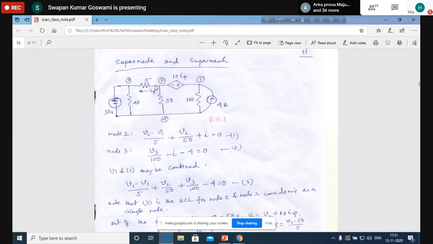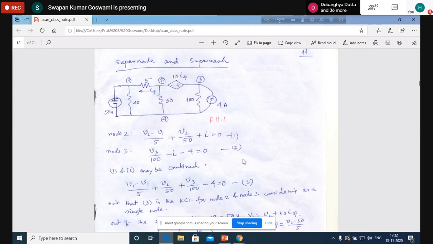Now we have assumed that through this dependent voltage source the current is I ampere from node 2 to node 3, so I ampere is entering node 3. That's why it is minus I. And the 4 ampere source is delivering 4 ampere into node 3, so the entering current is considered negative, equal to 0. So the equation for node 2 is written, and the equation for node 3 is also written.